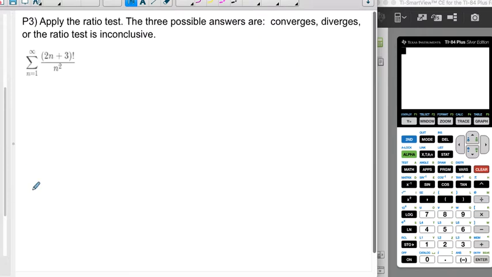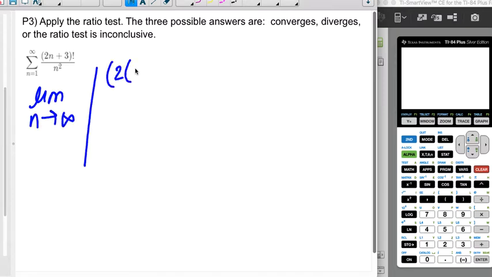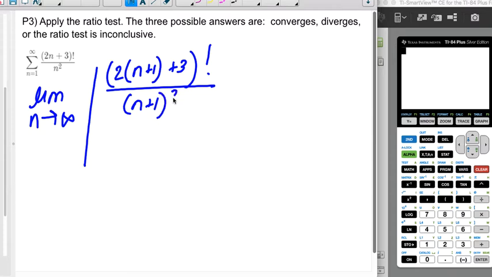All right, so we're going to go ahead and try the ratio test again. The limit as n approaches infinity of, so my n plus 1 term is going to be 2 times the quantity n plus 1 plus 3, all inside a factorial, over n plus 1 quantity squared, all over this nth term. So 2n plus 3 factorial over n squared.